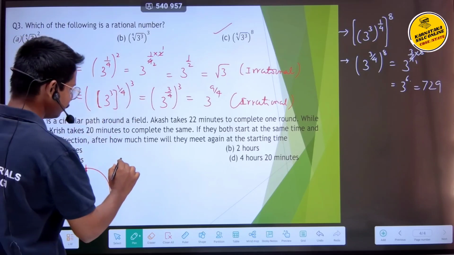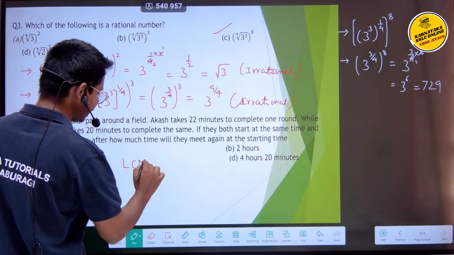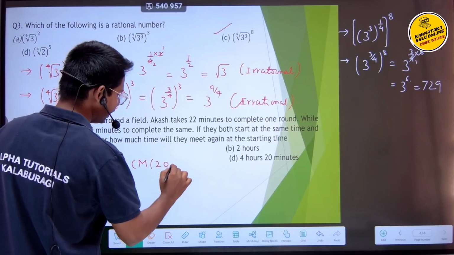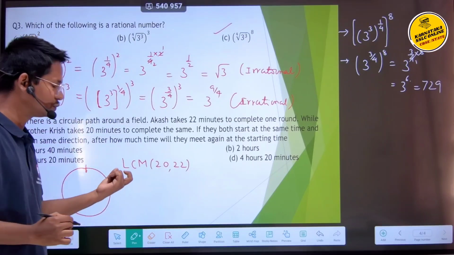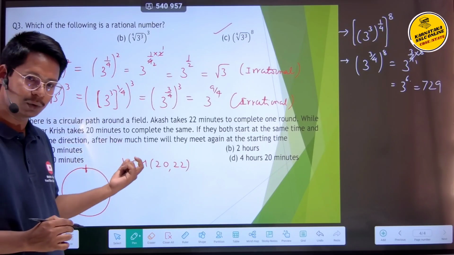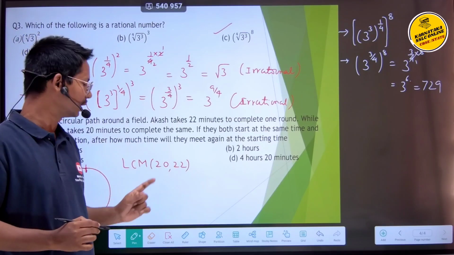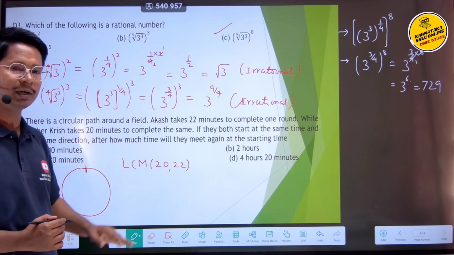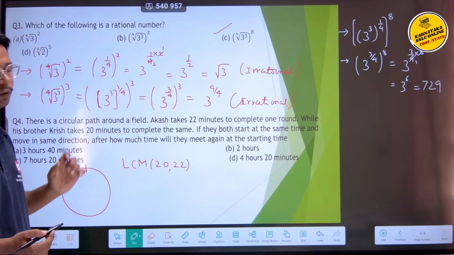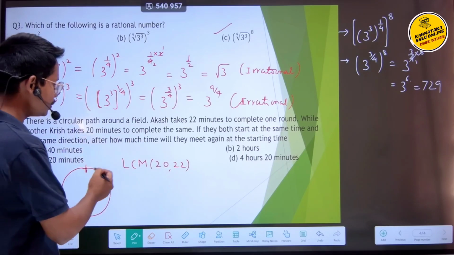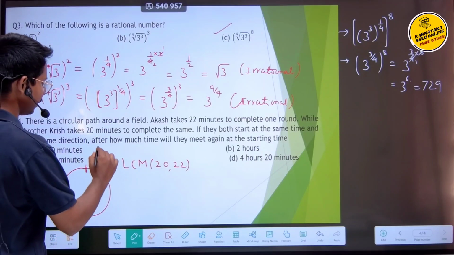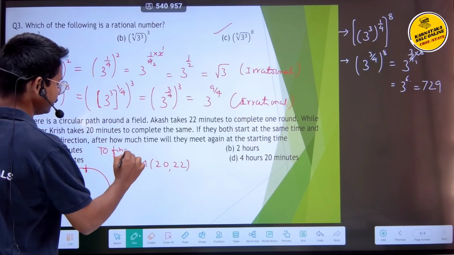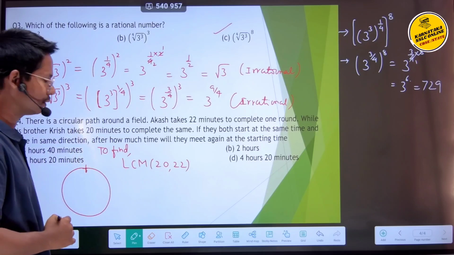So when you find the LCM of 20 and 22, the LCM should always be equal to or more than the highest value. Here the highest value is 22 and we know that they are going to meet after 22 minutes only. So you need to find the LCM of 20 and 22.